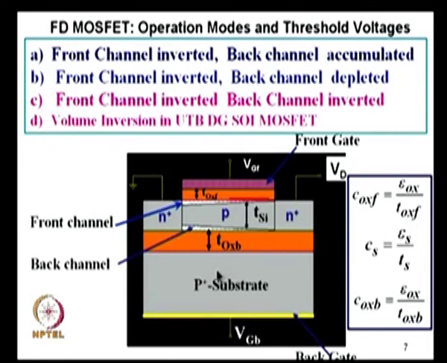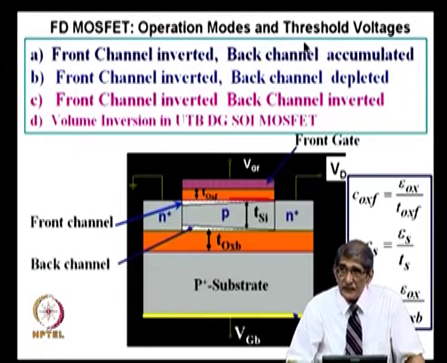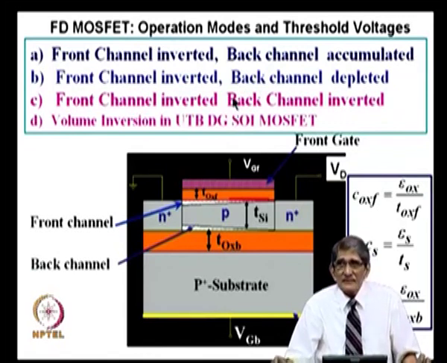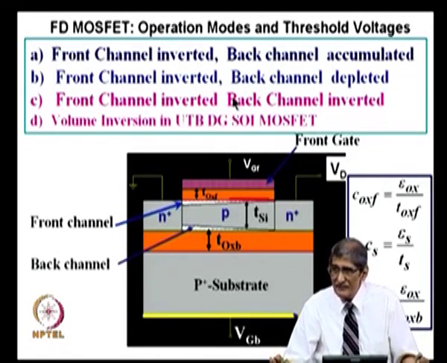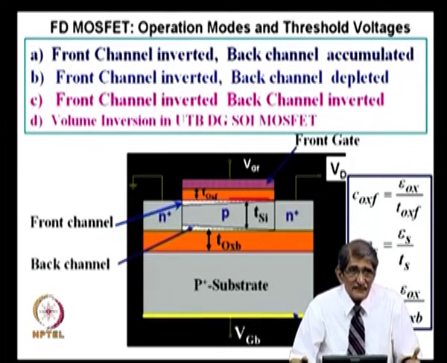Okay. Now, let us take a look at what we are interested in: what are the operation modes and what are the threshold voltages. Once you know the threshold voltage, you can use the same MOSFET equation to describe the MOSFET current and transconductance. So, the entire analysis is hovering around the threshold voltage.